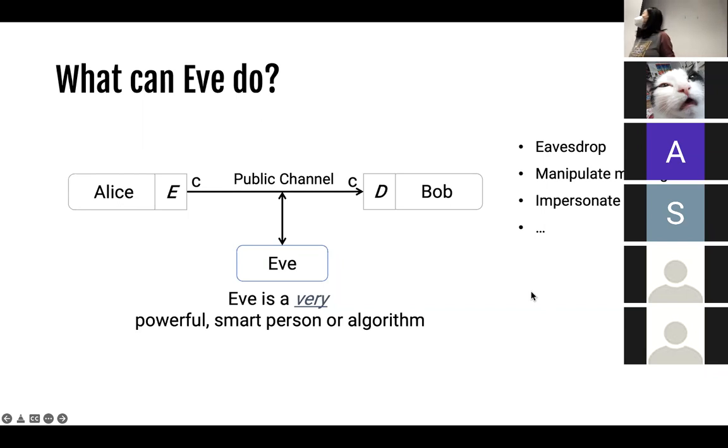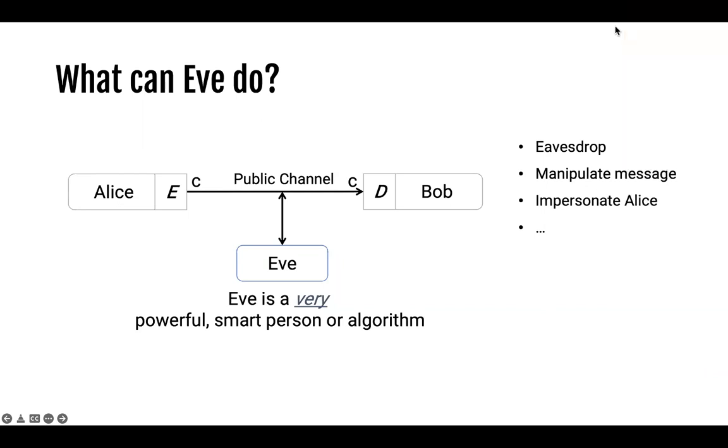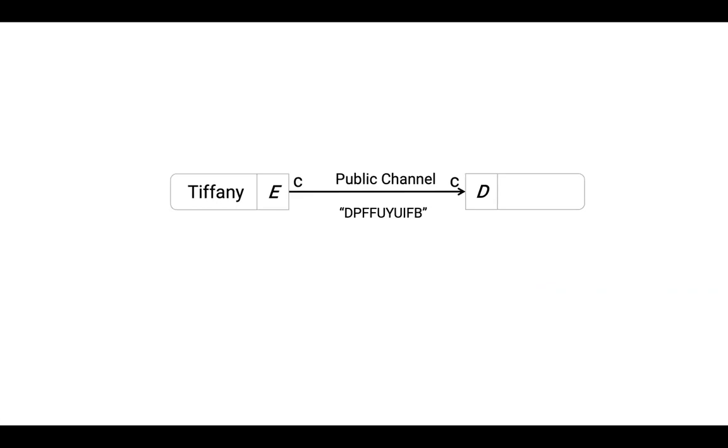And also, what Eve can do is, Eve will eavesdrop the message, just like you guys, you get the ciphertext. And also, Eve could probably just manipulate this message. So for example, let me go back to the previous slide. So here we send this message.